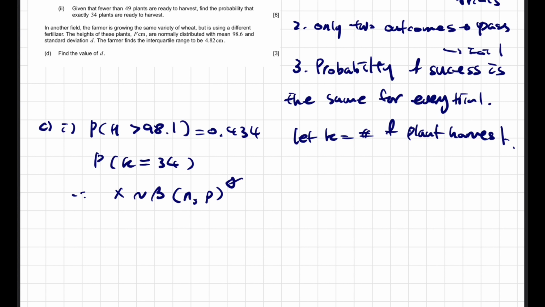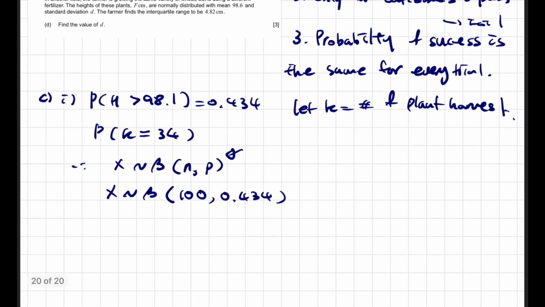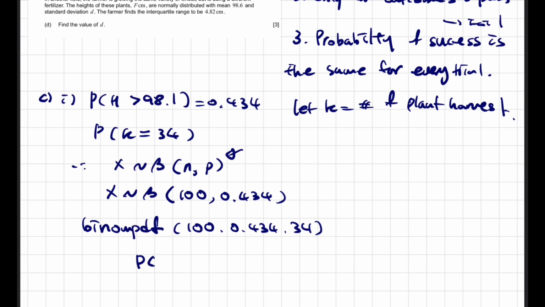So for this question, X is binomial with 100 trials and probability 0.434, and using binom PDF from your calculator, we substitute all these numbers. Then you get the probability of K equals 34 as 0.0133198, which is approximately 0.0133.